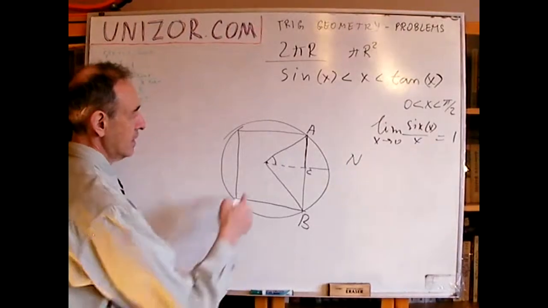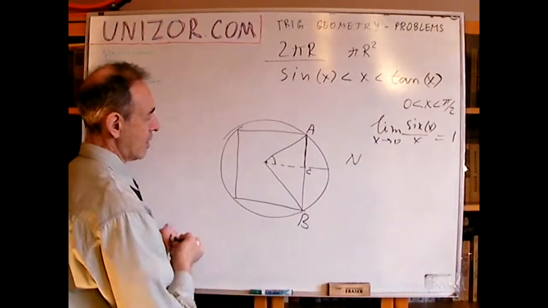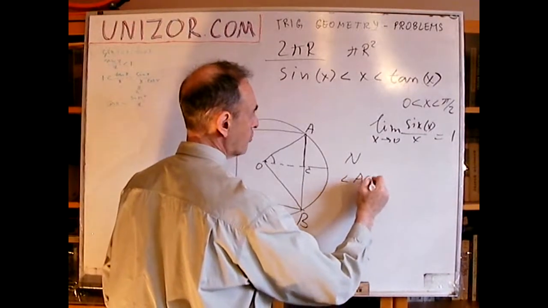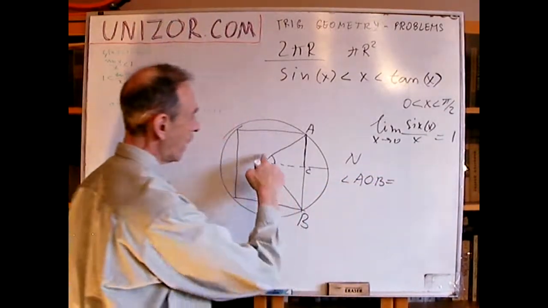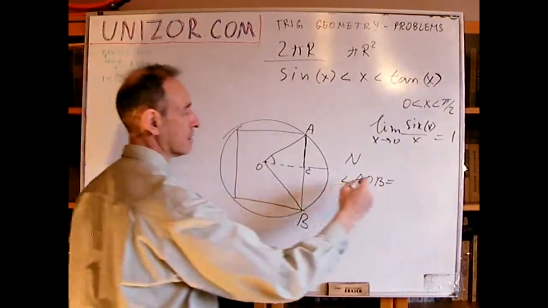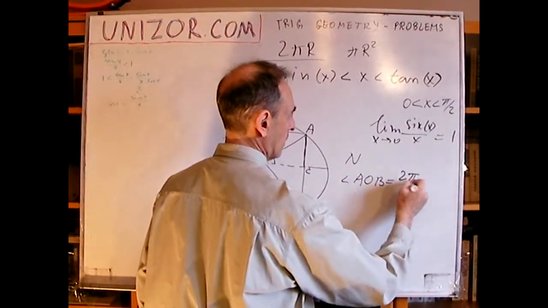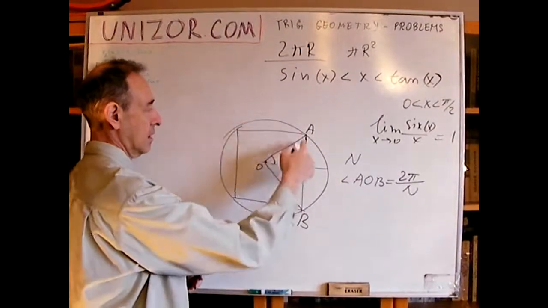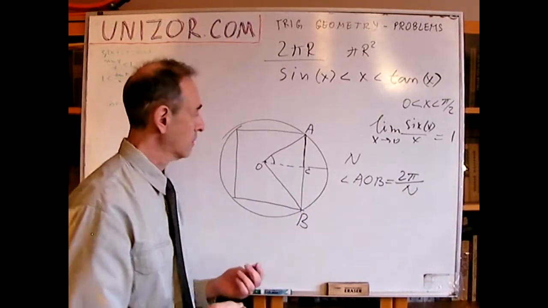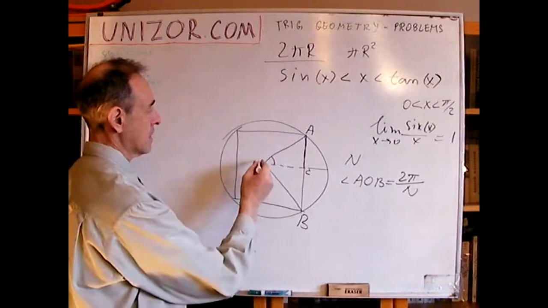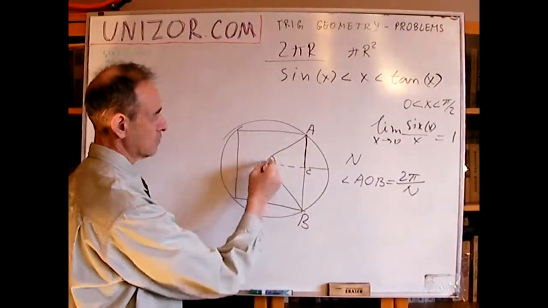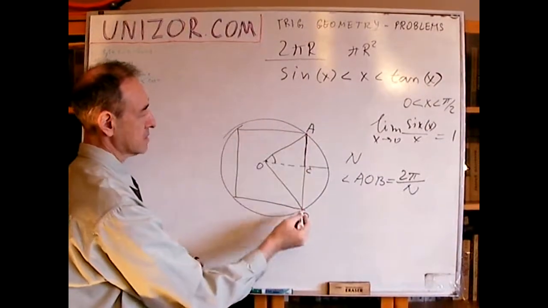All right, so now the angle AOB is 1/n of the entire circle, right? Since this is my n-sided regular polygon, then this particular angle AOB is 1/n because it's supported by one side.